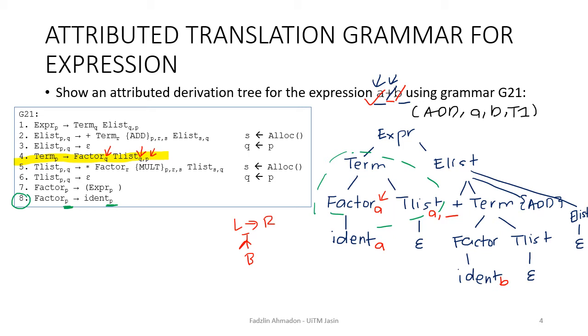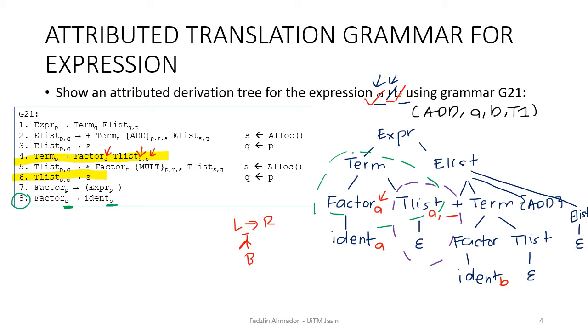To know the value of attribute P, we need to look at this rule, T-list to epsilon. So this T-list to epsilon is actually an implementation of rule number 6.